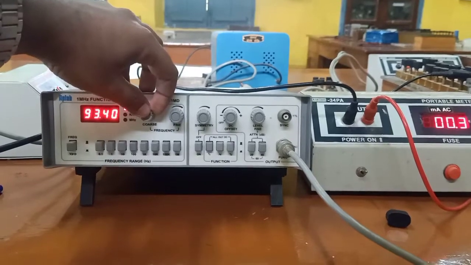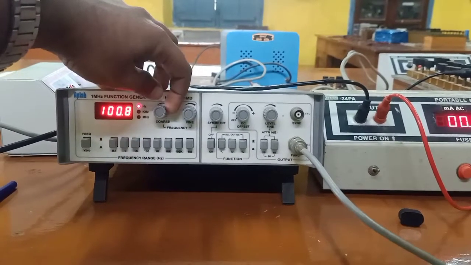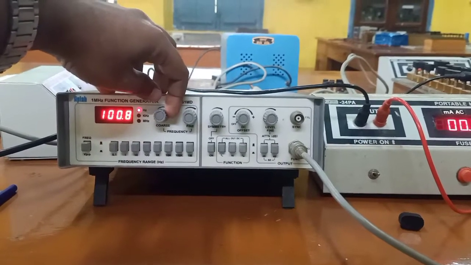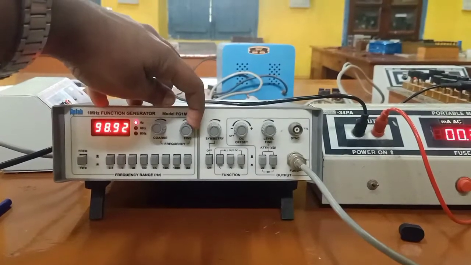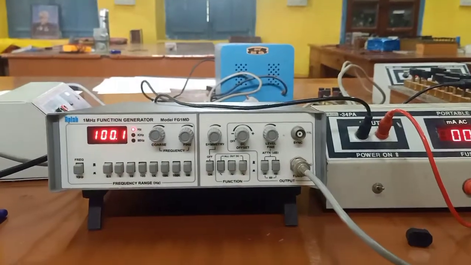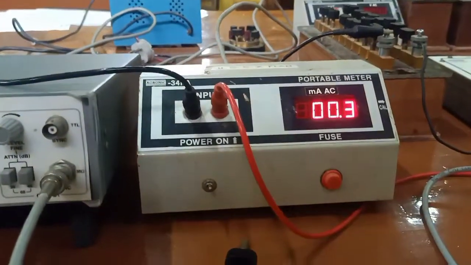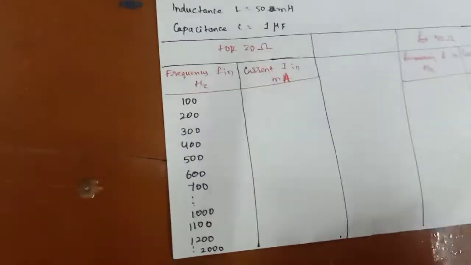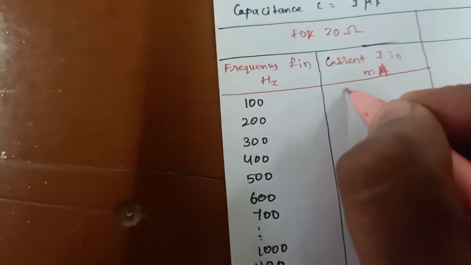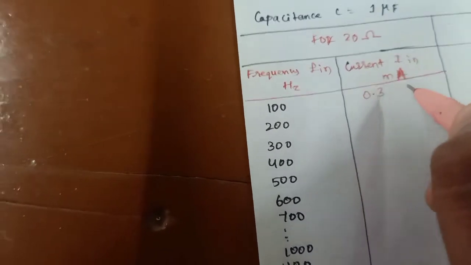For the 100 hertz, yes, for 100 it is showing 0.3 milliamps, and take down here for 100 hertz, this is 0.3 milliamps current.